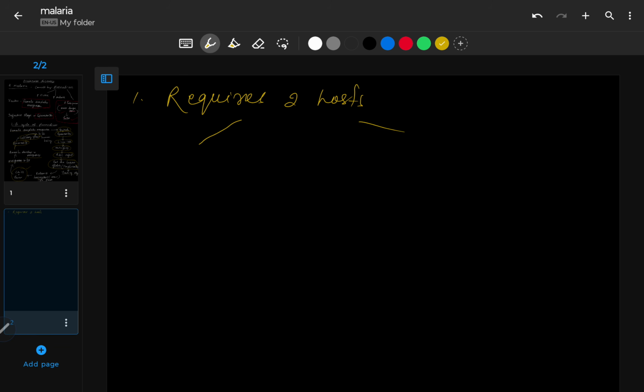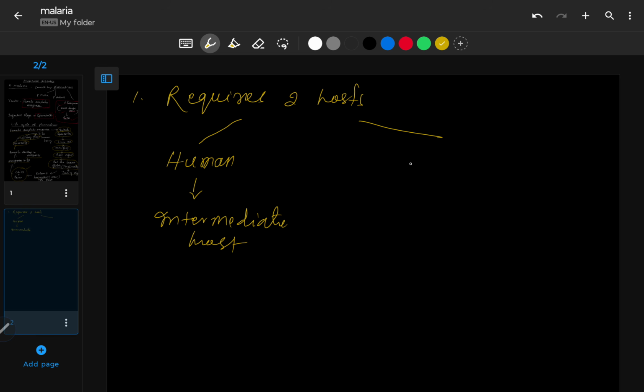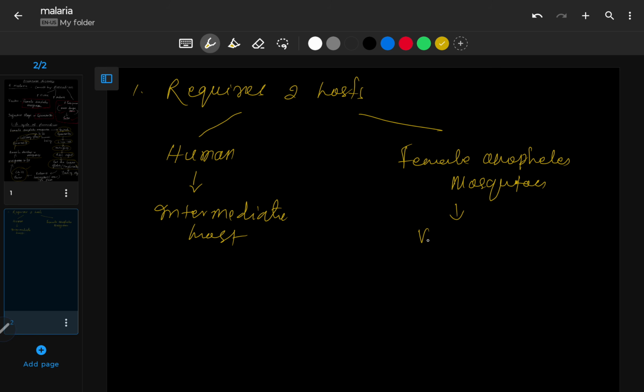One is human, which is known as the intermediate host, and the other is the female Anopheles mosquito. And this female Anopheles mosquito is the vector.